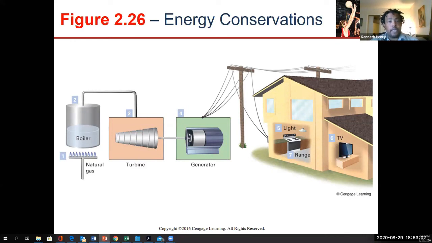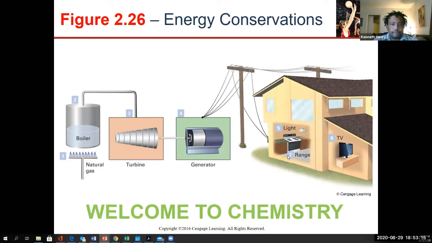Okay? So energy is never created or destroyed, it's just changed in form. Simple? Well, welcome to chemistry. So that's it.